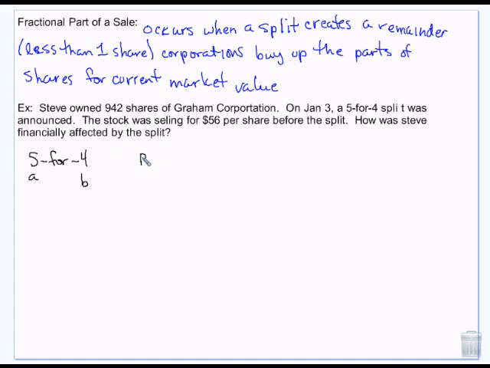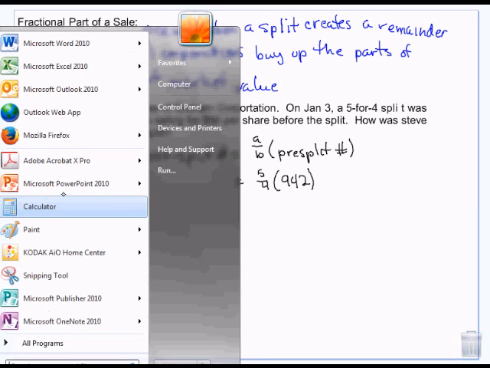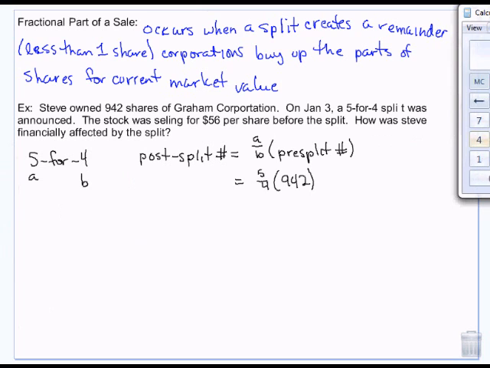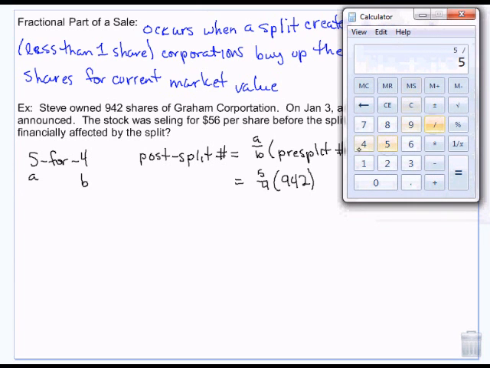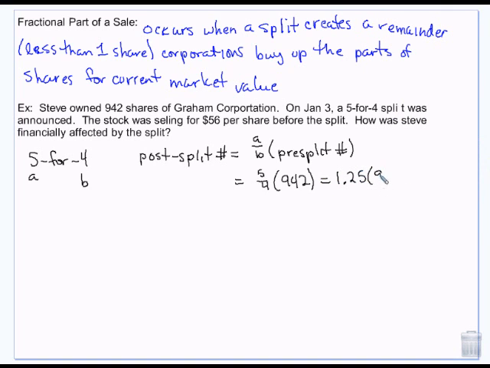The post-split number is A over B times the pre-split number. So that's 5 over 4 times 942. 5 divided by 4 is 1.25. I personally do this with fractions, but I feel like you guys probably like decimals a little better.